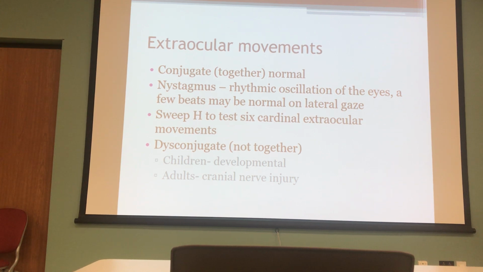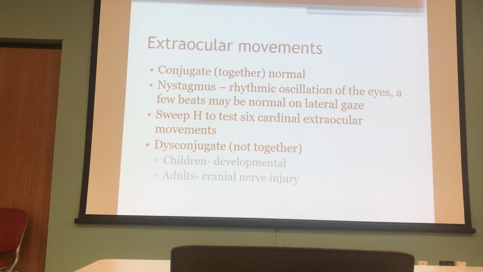So if someone has a disconjugate gaze, it usually means they have a cranial nerve palsy. It's usually 3, 4, or 6, one of them. So say I'm looking forward and my eyes are coming forward and this eye is laying out. I have a disconjugate gaze because both of my eyes are supposed to follow and go in the same path, okay?